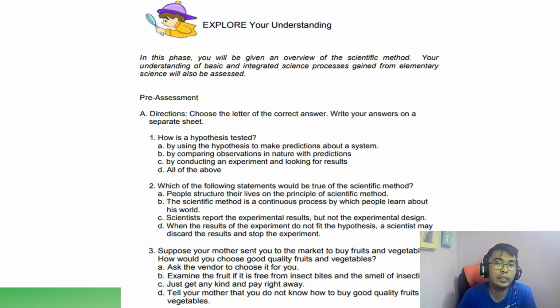In your answer sheet, I want you to write your answers for this pre-assessment. For part A, you are to choose the letter of the correct answer and write your answers on a separate sheet. We have the first 3 questions. You read them and then select your answer from these options.